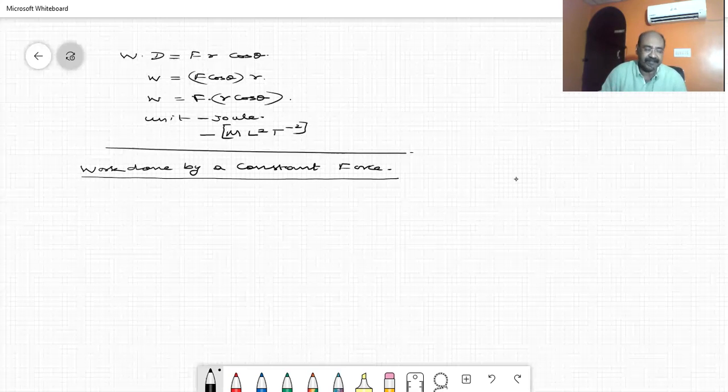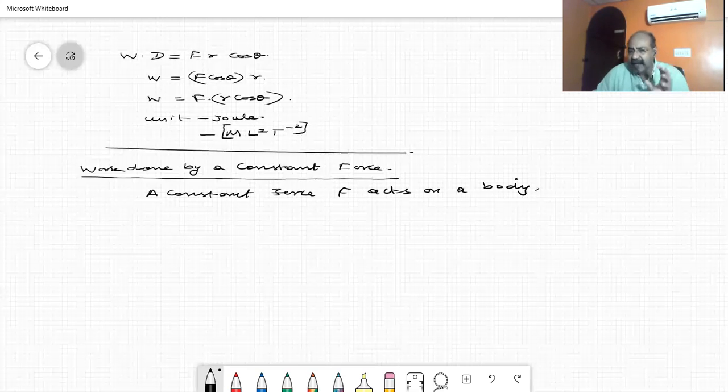So in order to study the work done by a constant force, let us consider a constant force F acting on a body so that it can produce a small displacement.